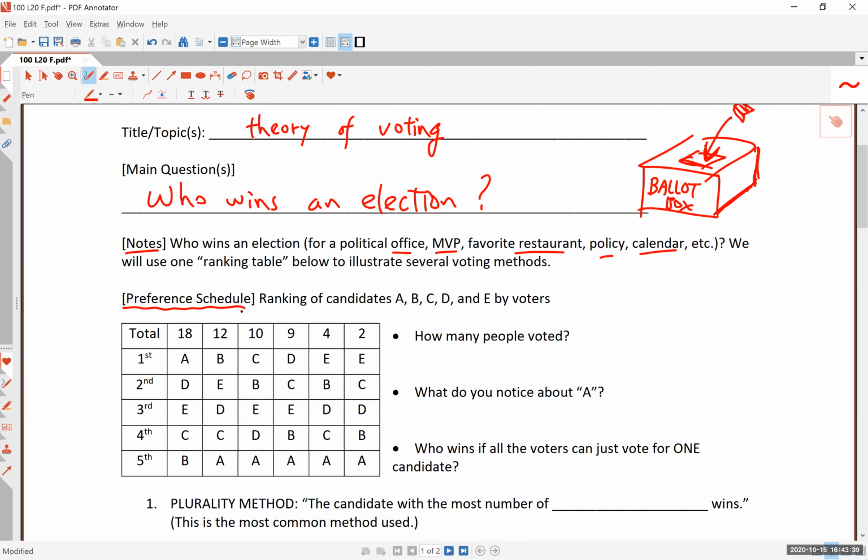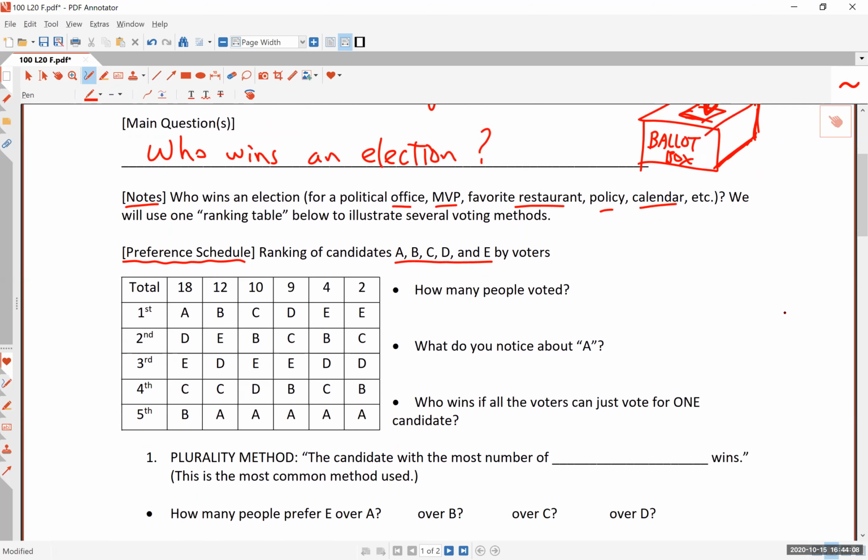So we are ranking the candidates called A, B, C, D, and E. Let's suppose we have 5 candidates or 5 possible options, maybe 5 vacation destinations or 5 activities to do or 5 kinds of restaurants to go to, right? So these 5 don't have to be people. In this particular example, I'm going to consider A, B, C, D, and E to be political candidates, all right? So we think of these 5 people.